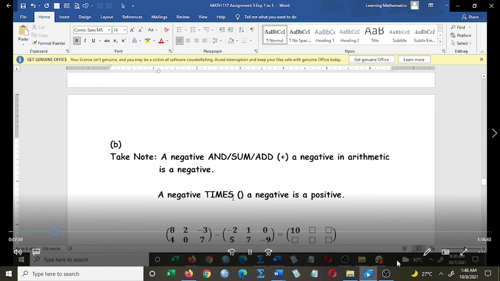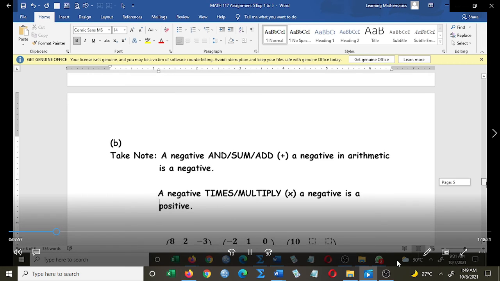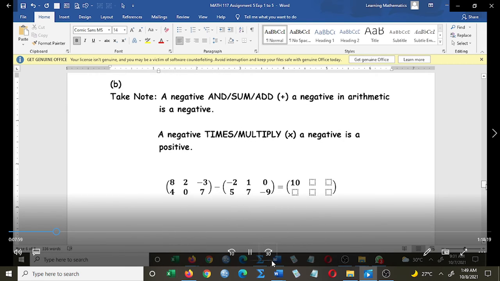What can I put by times? Multiply. And what is the symbol? It's an X. Okay, so in that case, a positive minus a negative is a positive. That's what you want.